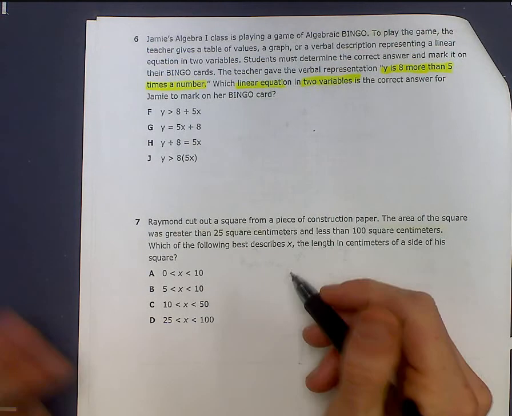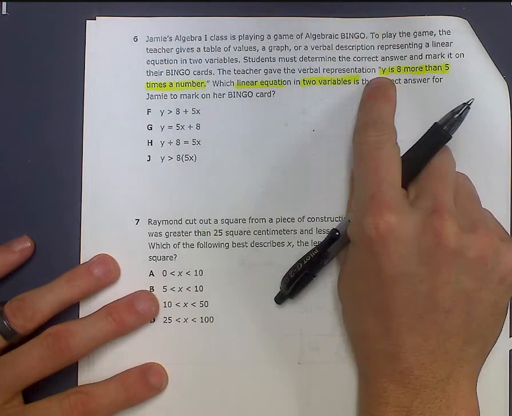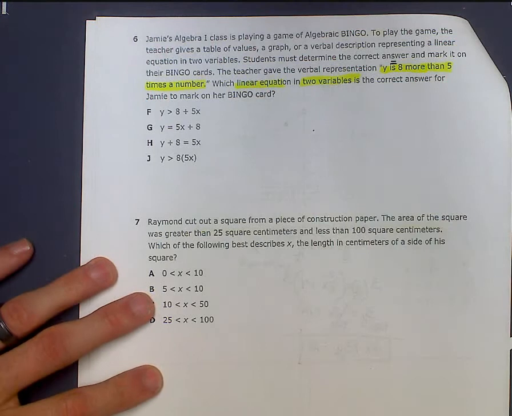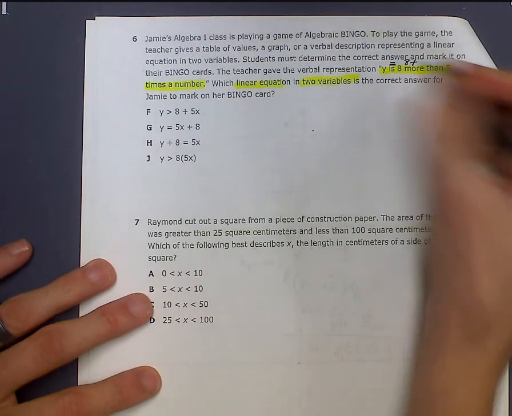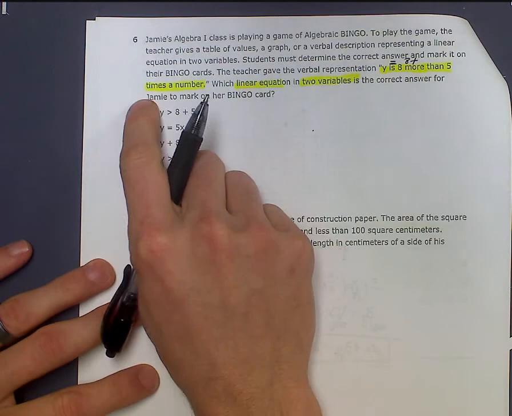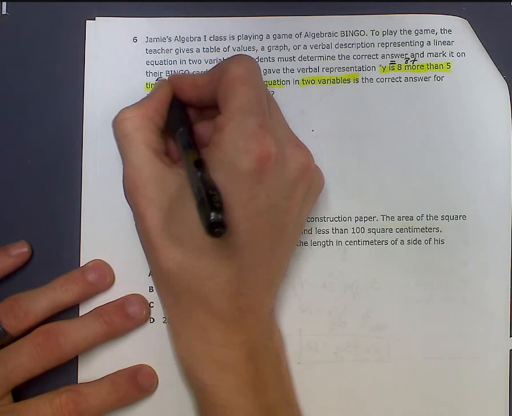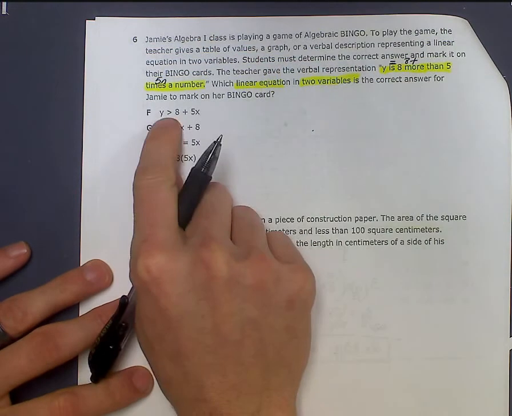First off, when I go back to this expression, I know that I'm going to have a y, and this word is means equal, and 8 more means 8 plus, and then 5 times a number would be 5n. A lot of you got more than mixed up with this symbol, and that's not the case.